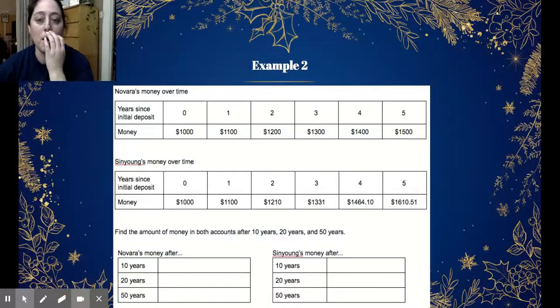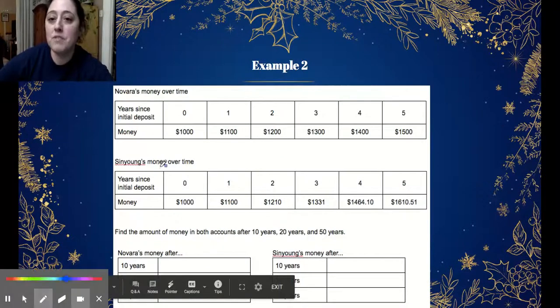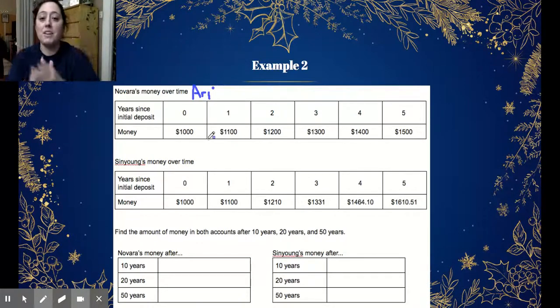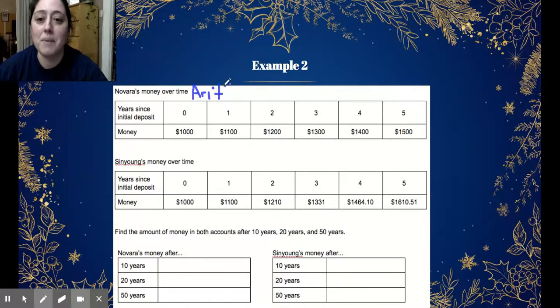In this one, you should have noted that Navarra's was an arithmetic sequence. Her investment keeps going up by $100. So every month it's plus 100, plus 100, plus 100. That repeated addition is arithmetic.